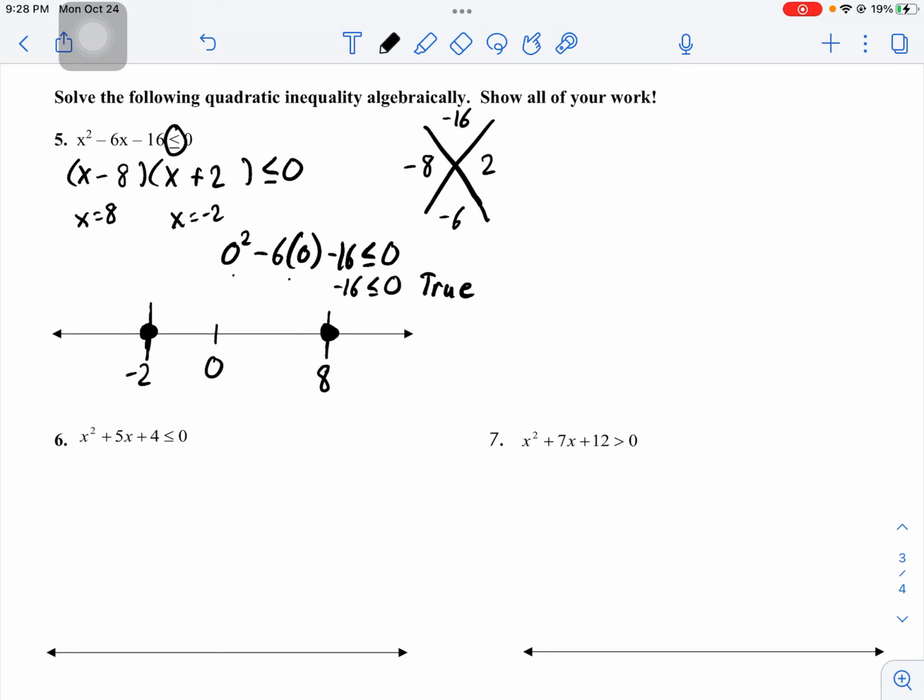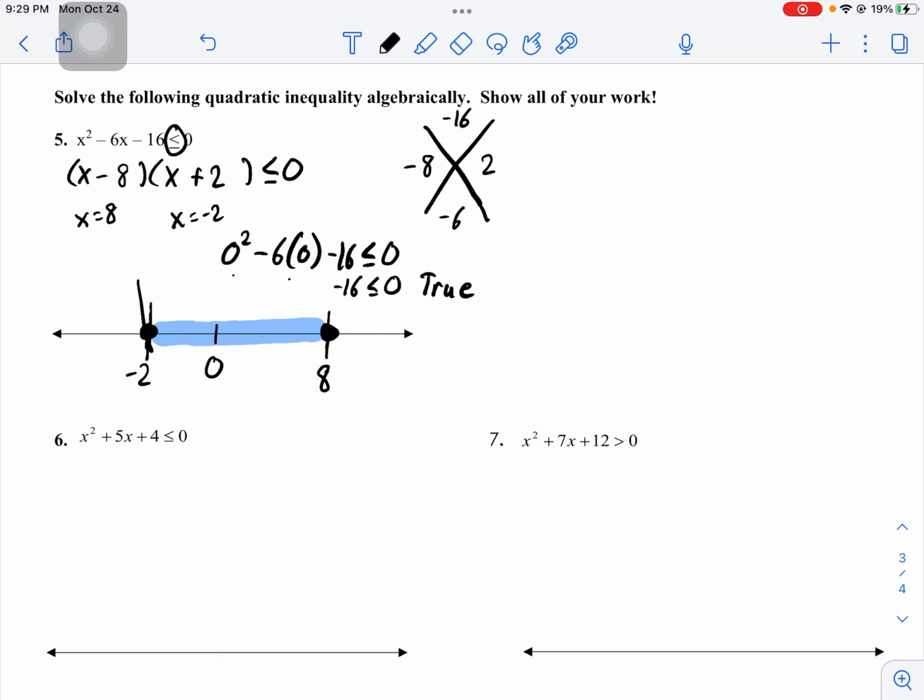So if it's true and 0 was between those points, I'm going to shade in between. So my values here would be the answer. Or if you're using your pencil, you can just kind of shade that in. But all the values between negative 2 and 8 are going to be true.